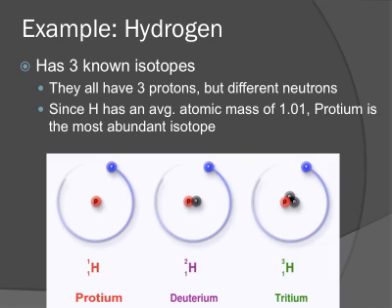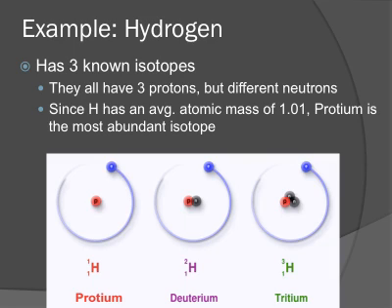So let's try to figure out which is more abundant. If the average is 1, which means you only have 1 proton, then which of these 3 do you think is the most abundant? Protium, the first one. The first one's most abundant because a mass of 1 is closest to 1.01, isn't it? As opposed to 2 versus 3.